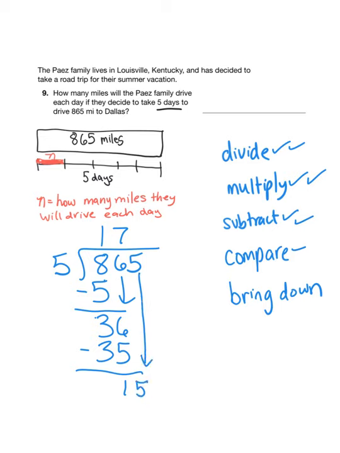Bring down your 5. How many times does 5 go into 15? 3 times 5 is 15, so for this one I have no remainder. So they will drive 173 miles each day.